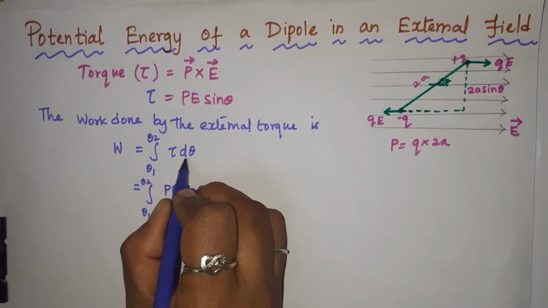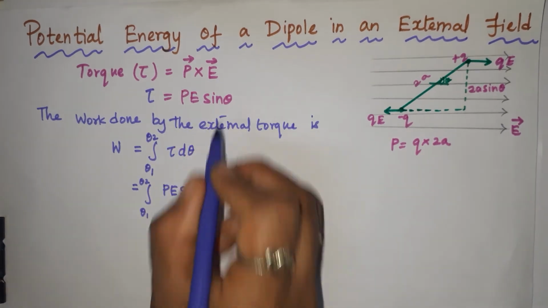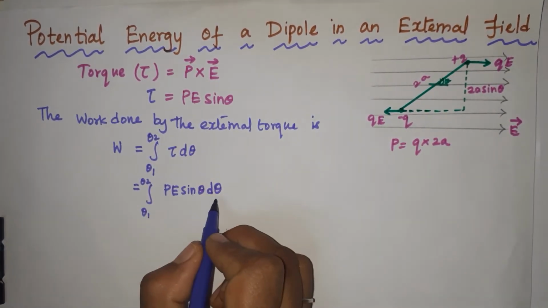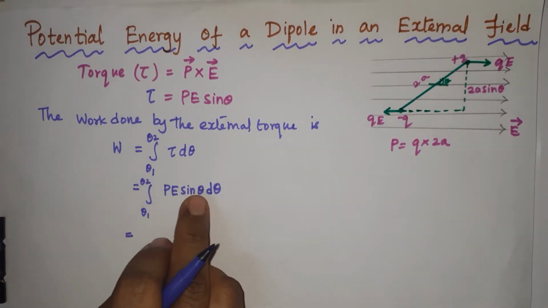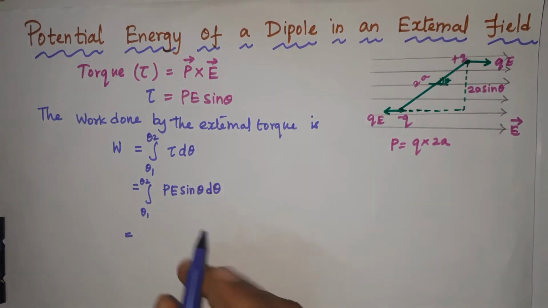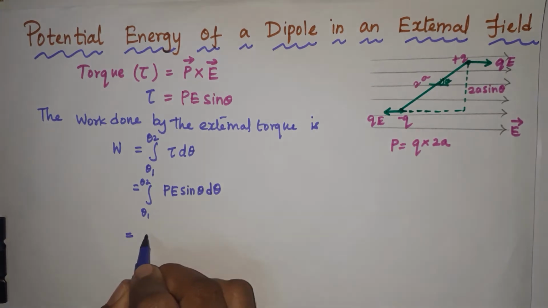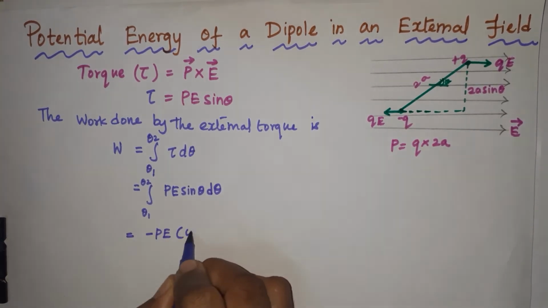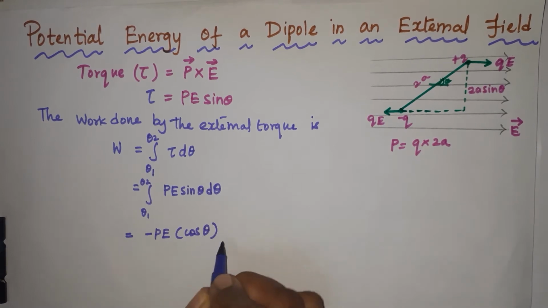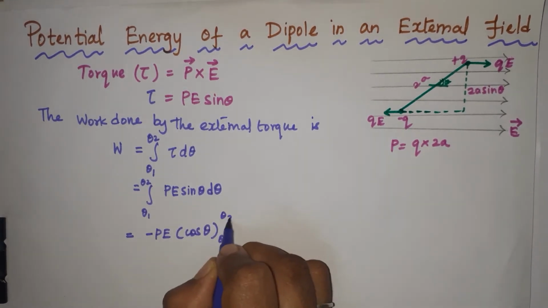When you integrate sin theta d theta, it turns into minus cos theta. So it is minus PE cos theta, from theta 1 to theta 2.